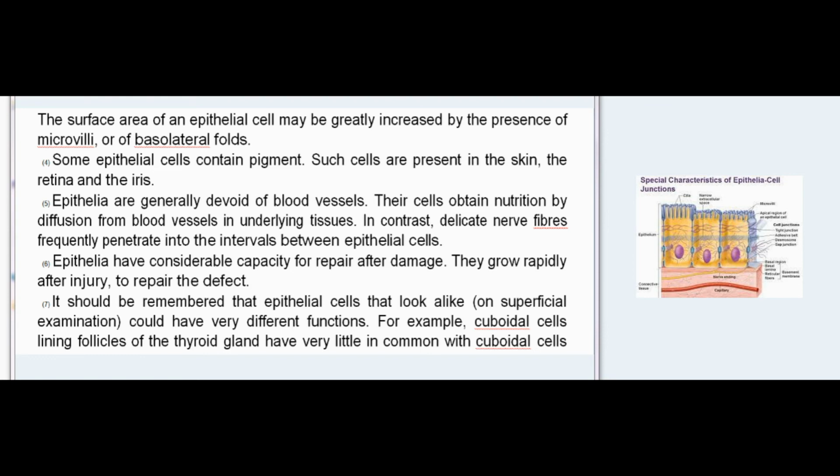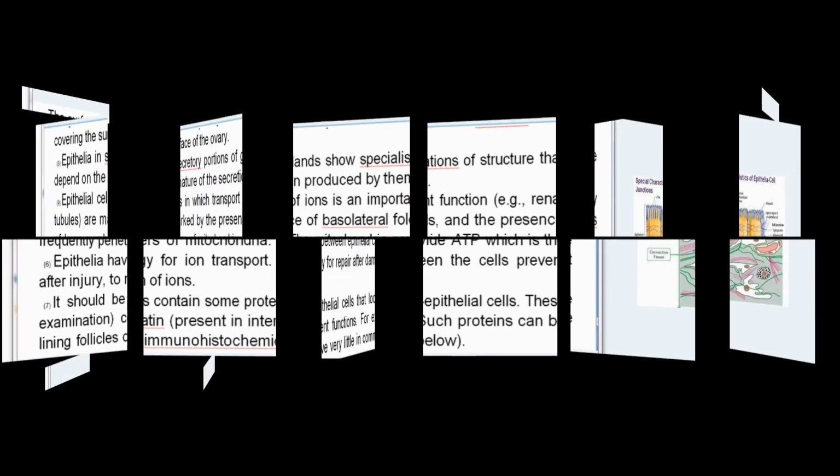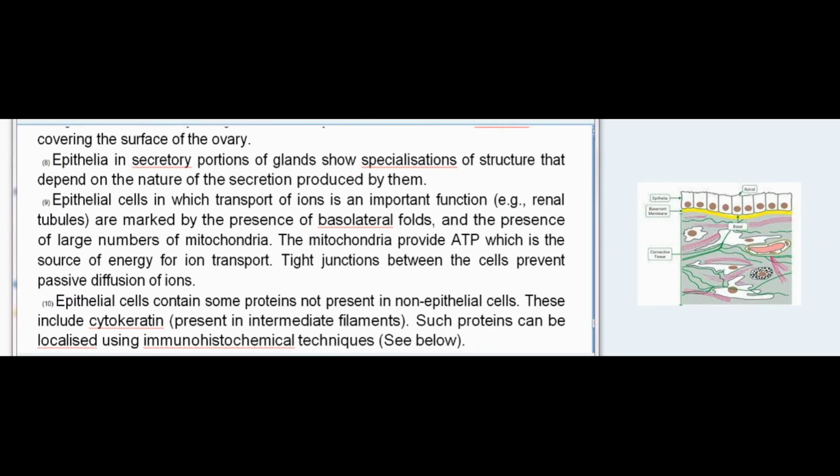Epithelia have considerable capacity for repair after damage. They grow rapidly after injury, to repair the defect. 7. It should be remembered that epithelial cells that look alike, on superficial examination, could have very different functions. For example, cuboidal cells lining follicles of the thyroid gland have very little in common with cuboidal cells covering the surface of the ovary.